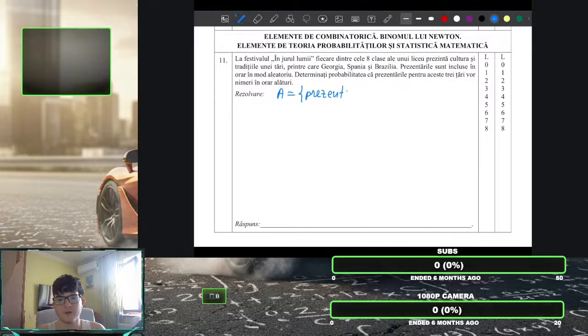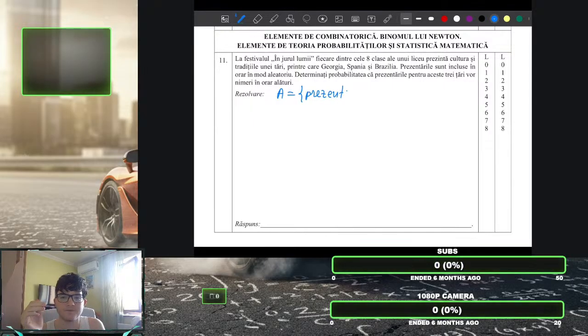The presentations are included randomly. Find the probability that presentations for these 3 countries will be one after another, if you know what I mean.